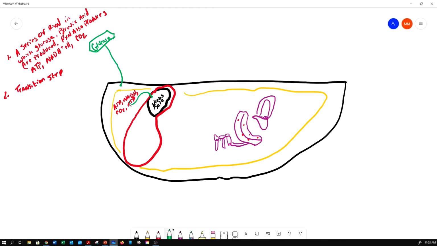We're just coming into the mitochondria. Okay, so we're inside the mitochondria, and we're at a transition step. We want to go here to the Krebs cycle, but we're not ready yet. We need to create something. And that something is called acetyl CoA.